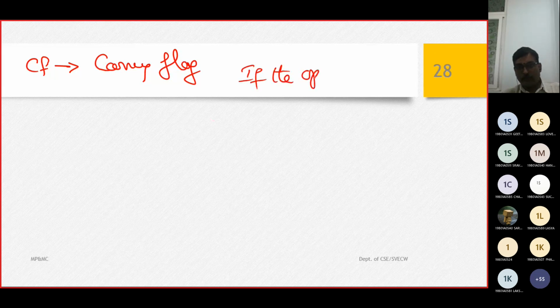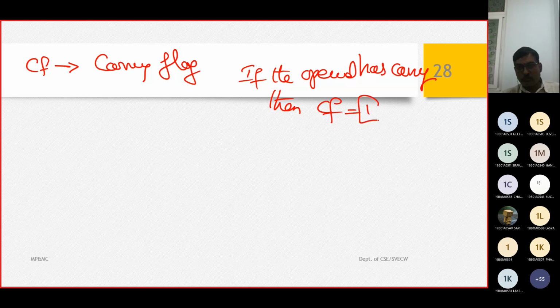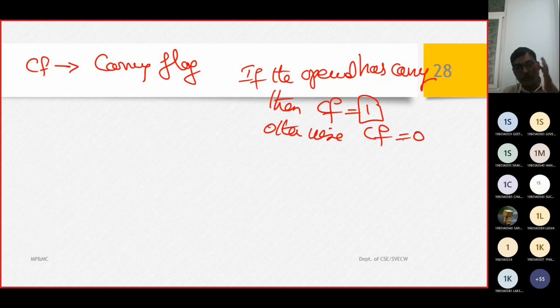If the operand has carry, then carry flag is equal to 1. Otherwise, carry flag is equal to 0.